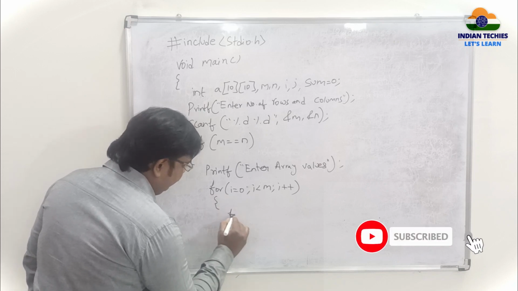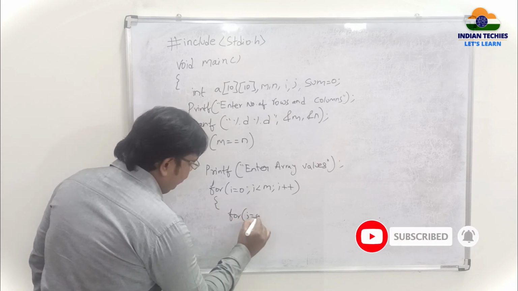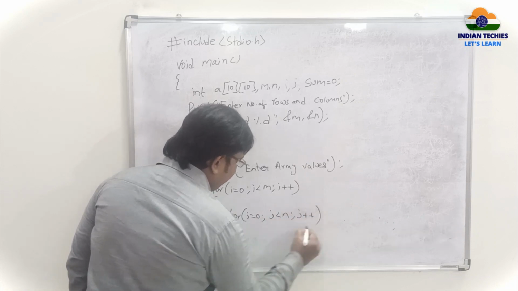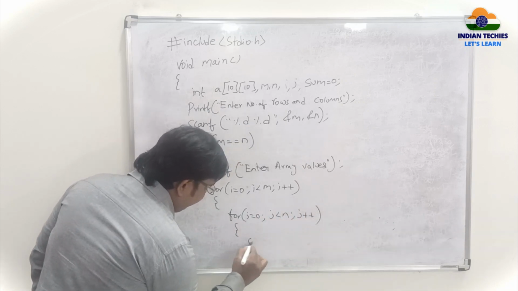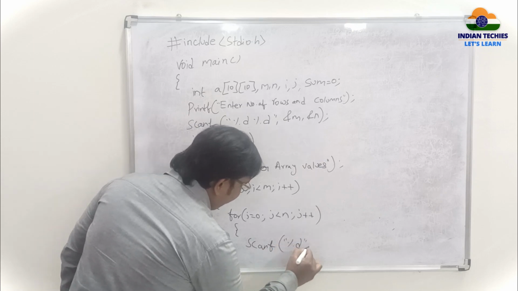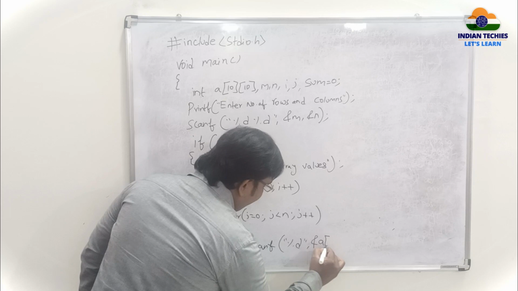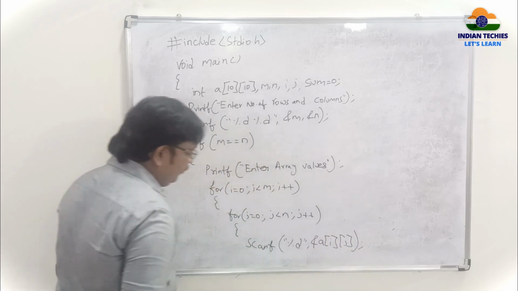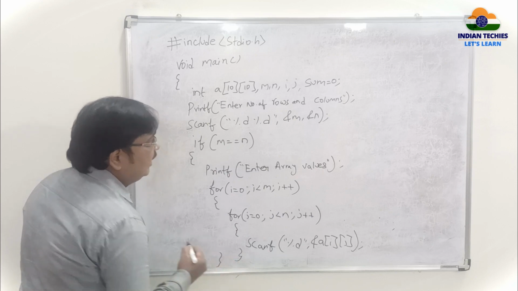Next, for j equal to 0, j less than n, j plus plus. Inside this, you are taking the input, that is scanf("%d", &a[i][j]). Okay, now my input is done.